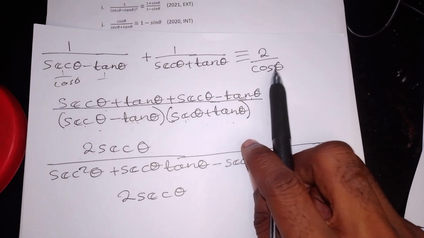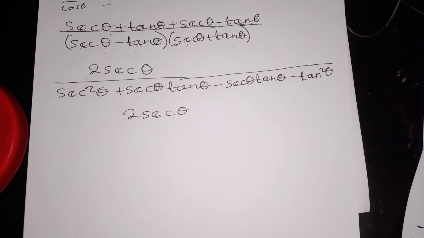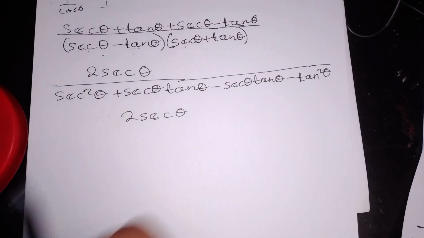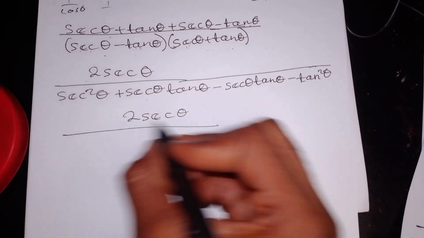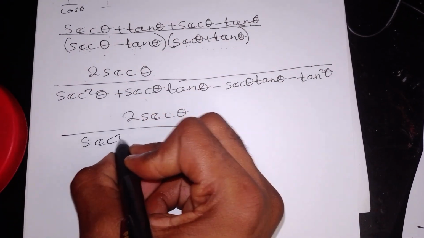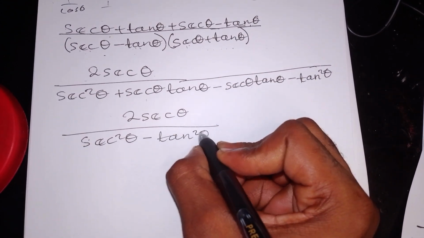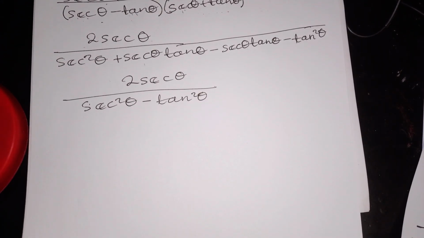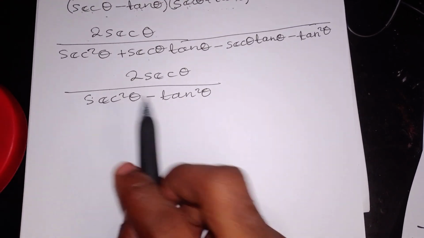I was aiming for this, but luckily I have the ratio I'm looking for. So now this minus this is a 0, so in the denominator I have sec squared theta minus tan squared theta. So I can either change this to tan or this to sec.